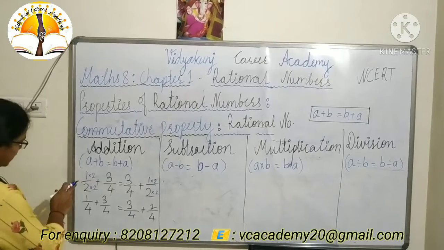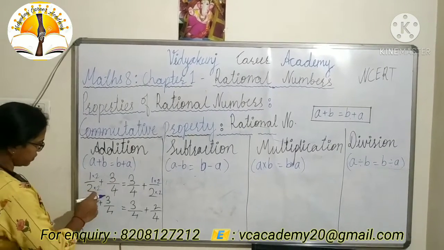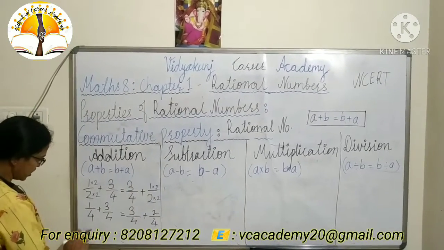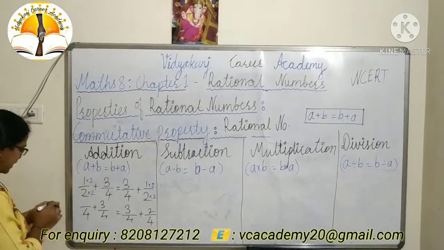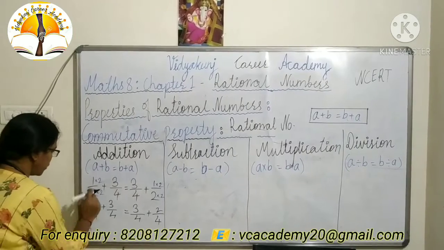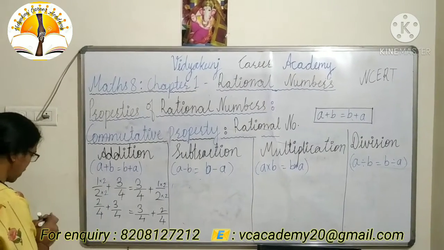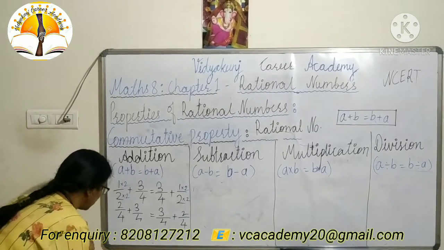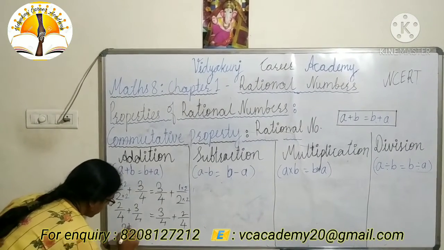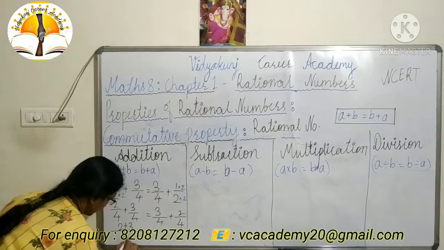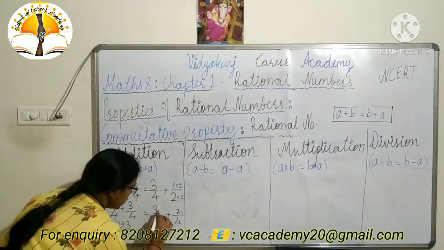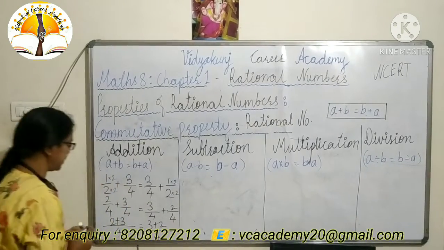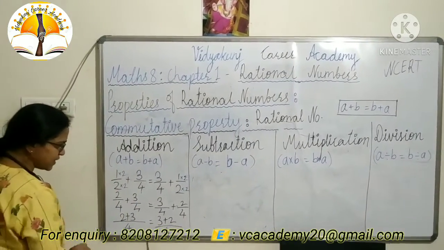Look at here once again. 1 by 2, 3 by 4, 3 by 4, 1 by 2. I have changed here. I have to write here 2. Yes, 1 into 2. Correct? Now we have to add these numbers. Now look at here. 2 plus 3 and then 4. I will write here 3 plus 4, and I will write here answer.